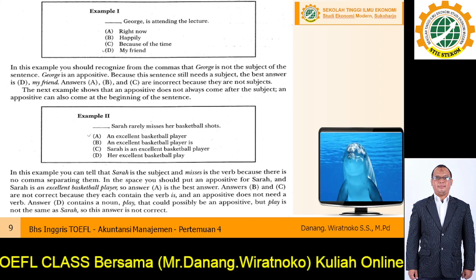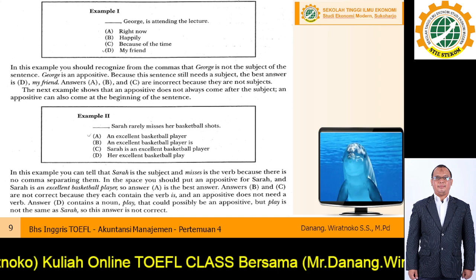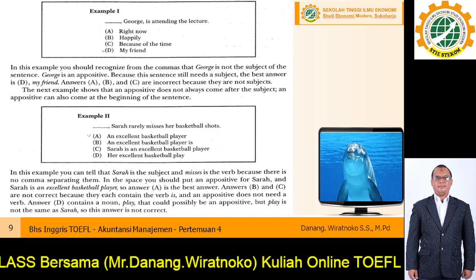Answers B and C are not correct because they each contain a verb. An excellent basketball player is, ada is-nya. Sarah is an excellent basketball player. Ada is-nya. Her excellent basketball player. Ada play. Okay, next one.